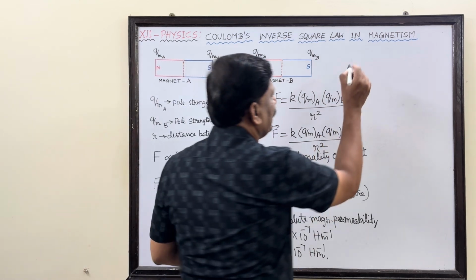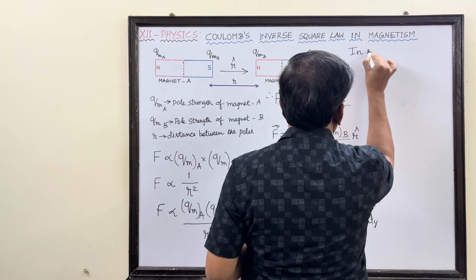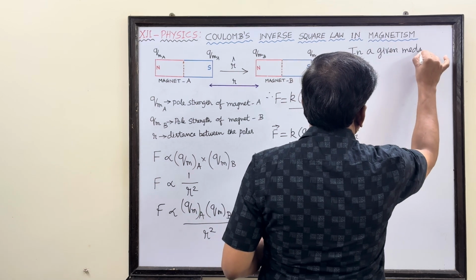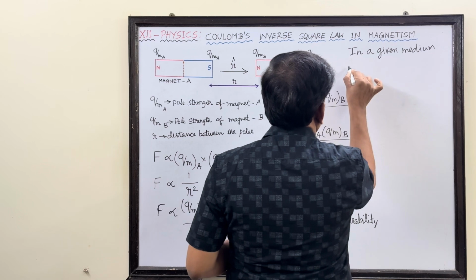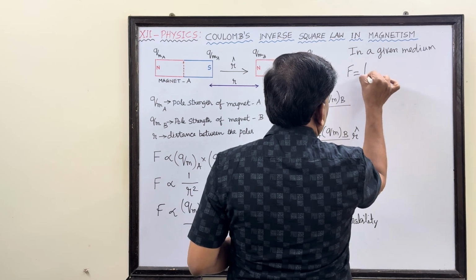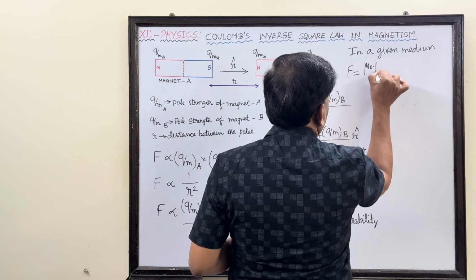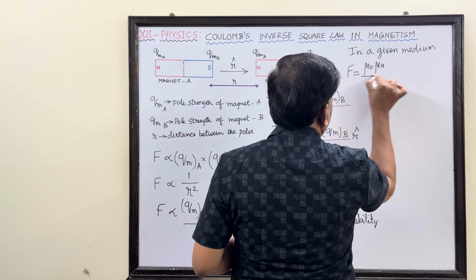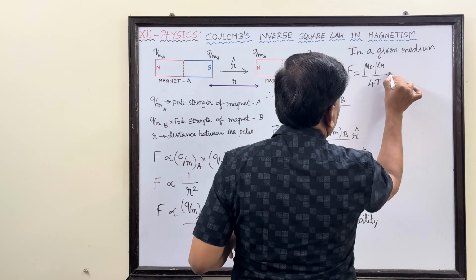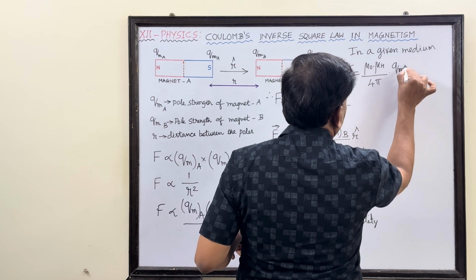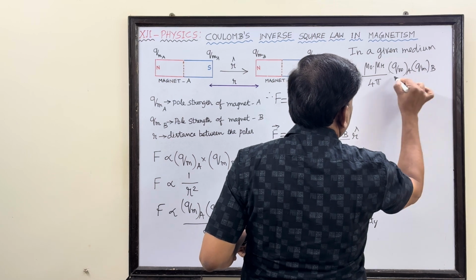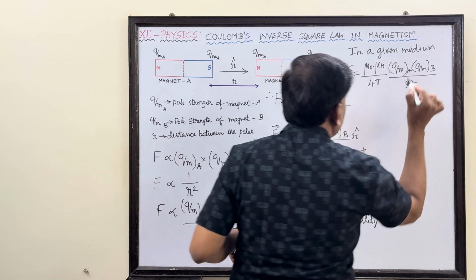So I will write an expression for the medium. In a given medium, the force F is equal to mu naught into mu r divided by 4 pi into QMA into QMB divided by r square.